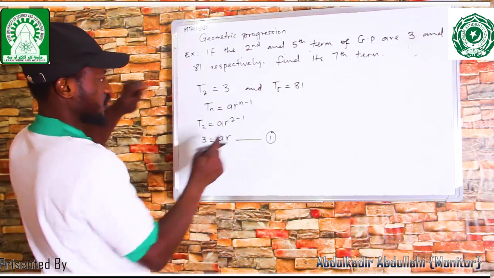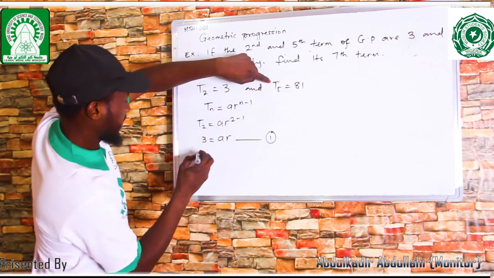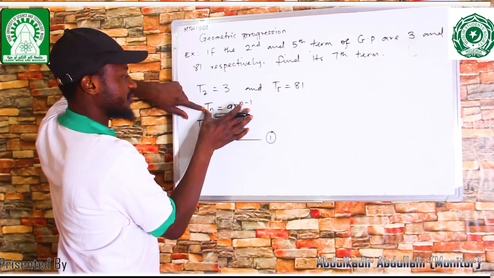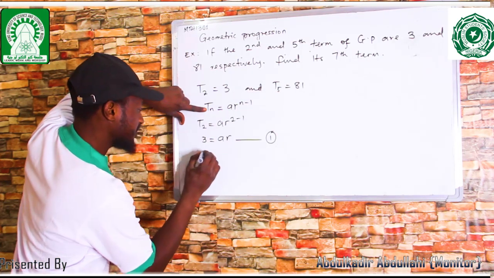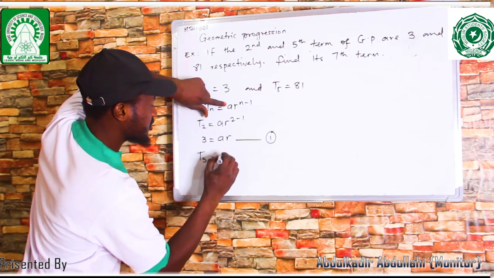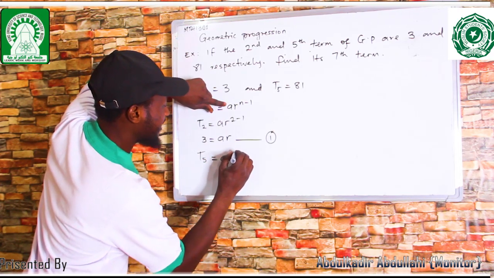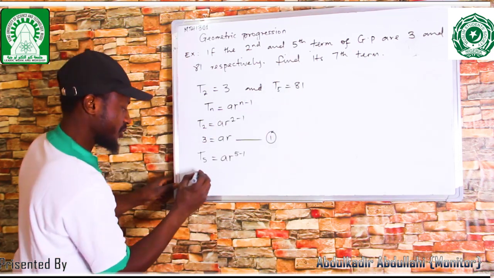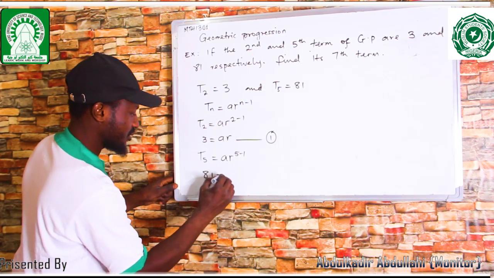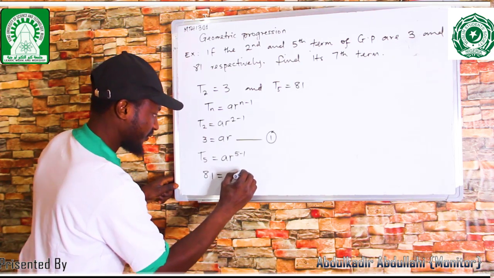So now let's go to the fifth term. The same thing, I'll just come to my formula and replace n by 5. So I'm going to have T of 5 is equal to A R^(5-1). But T of 5 is given as 81, so I'm going to have 81 is equal to A R^4.